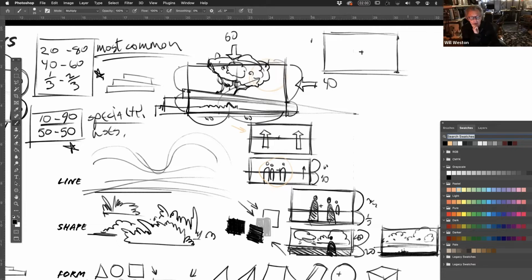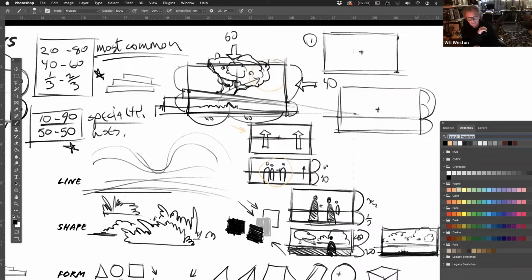That's number one. Then number two is come in here, find the ground plane somewhere in here, right? Here's 1/3, 2/3, you see? And start finding the exit points of different elements in the composition.